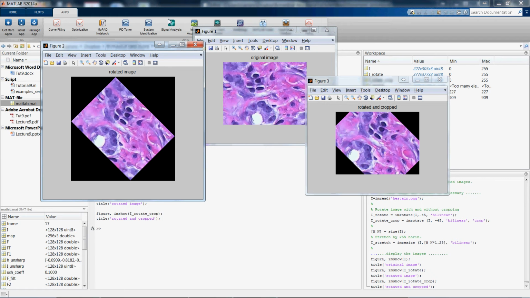So this is the original image, which is a scan of a physiological tissue. And we just want to rotate it by an angle that we decide. I think this one was 30 degrees clockwise or something, whatever it is.